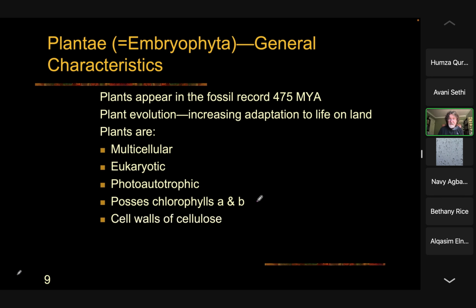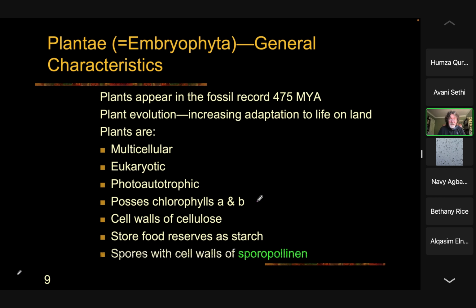Just repeating these characteristics again: cell walls of cellulose, and of course they store food as starch in chloroplasts. And this is unique. However, it's not unique just for plants. It actually involves one group of green algae. They have spores. Okay, plants will produce two types of reproductive structures, spores and gametes, in their life cycle, as we'll get into.